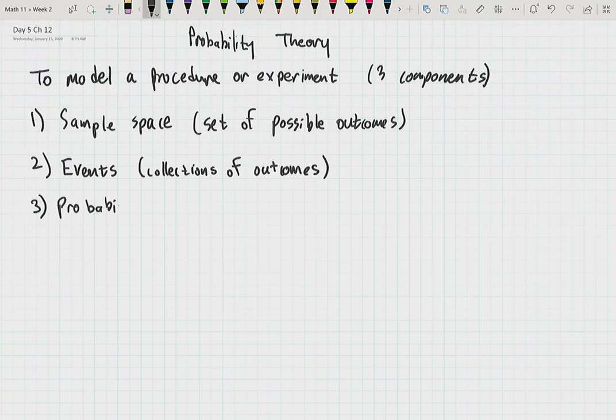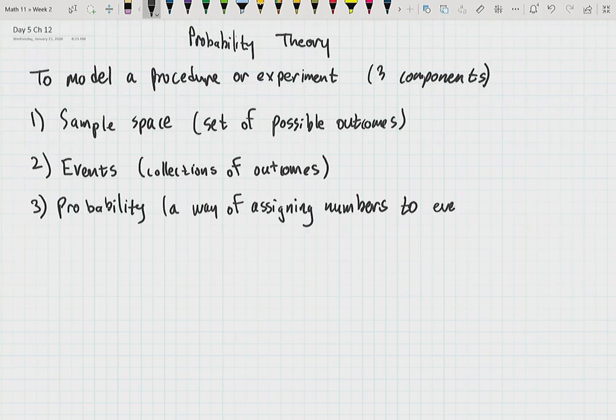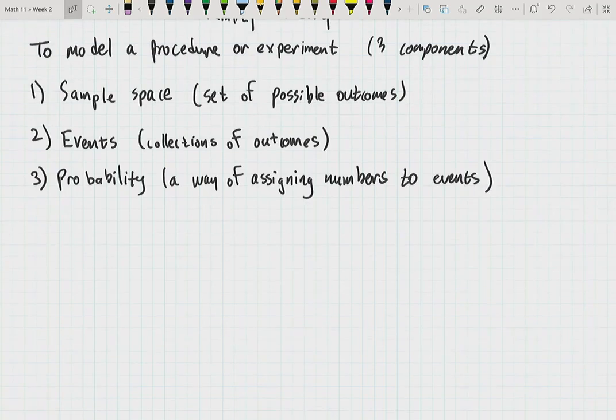And then probability is assigning numbers to the different events. That is to say, the probability of the event.